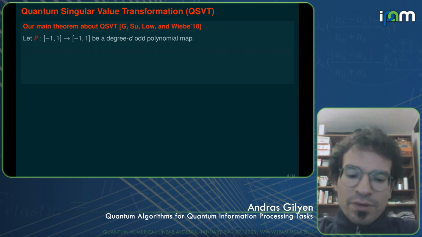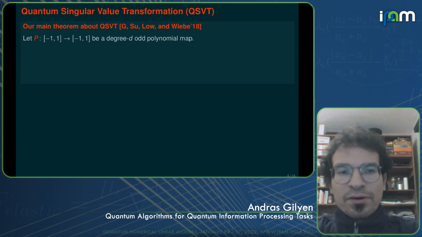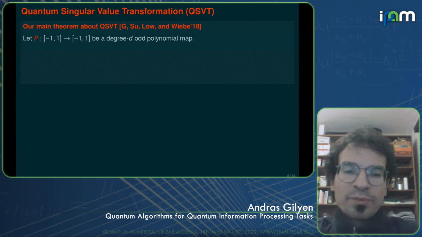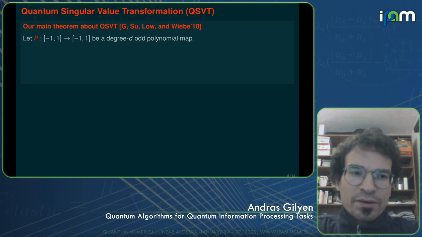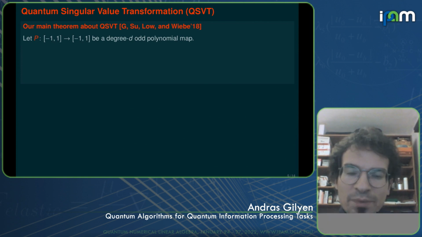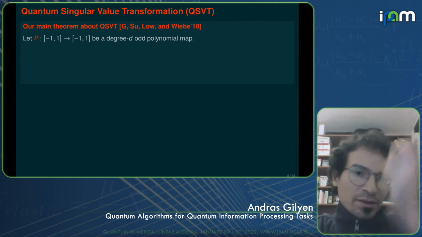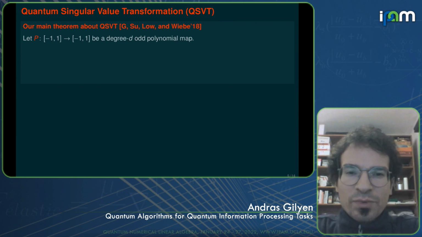And so another important ingredient is a quantum singular value transformation, which tells us how we can transform a block encoded matrix. And it can be formulated the following way. So suppose that we have a polynomial which maps the interval -1, 1 to -1, 1, and it's a degree D odd polynomial map, meaning that only the odd degree terms have a non-zero coefficient in the polynomial.